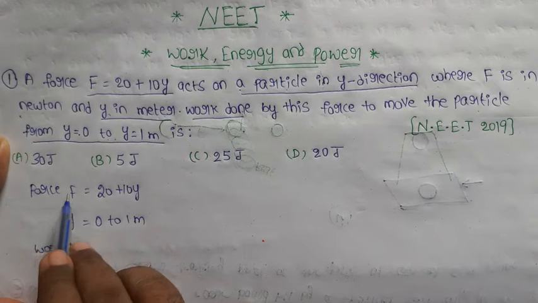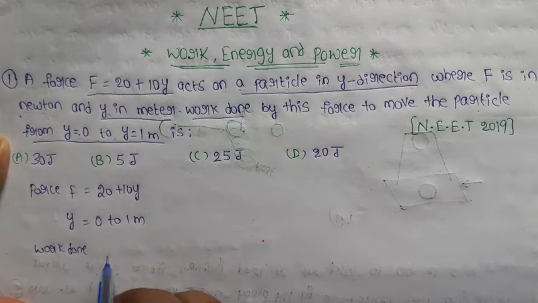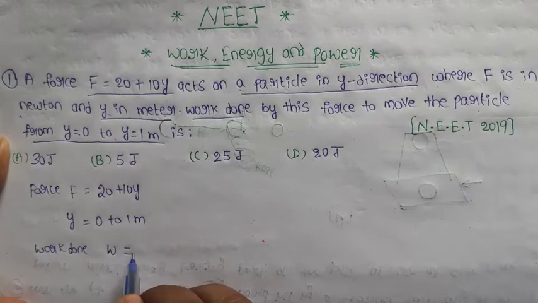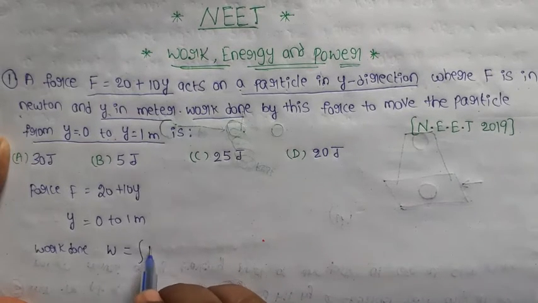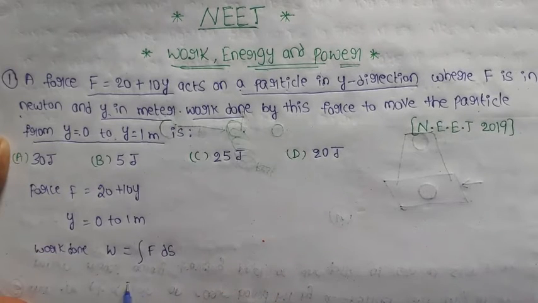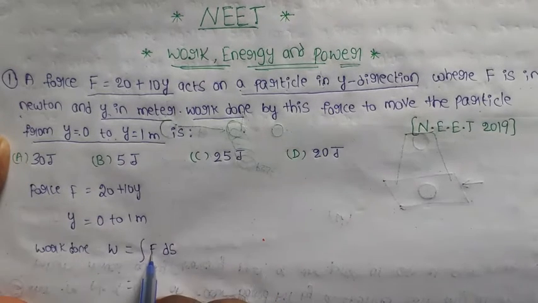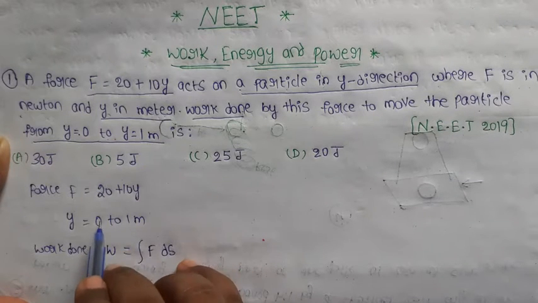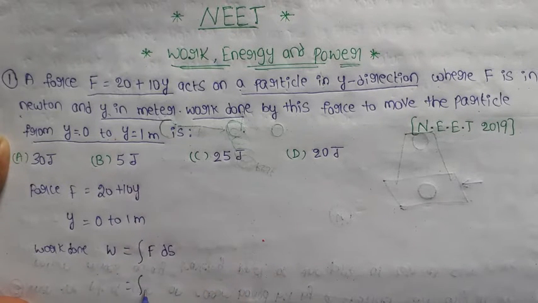Here force is given in the form of an equation, so I am going to use the work formula W equal to integral of F ds, where F is force, ds is the displacement. But here displacement is along the y direction, so I am rewriting it as F into dy.